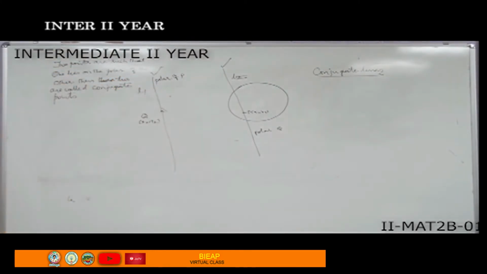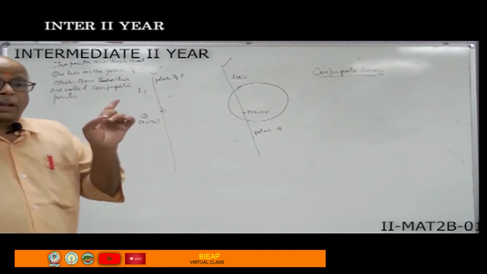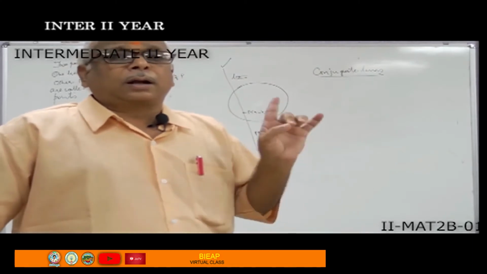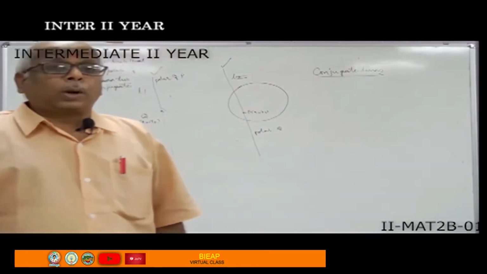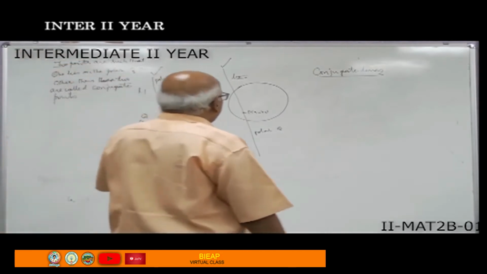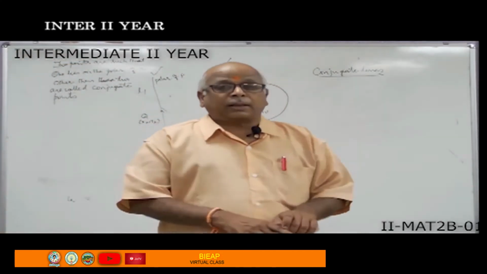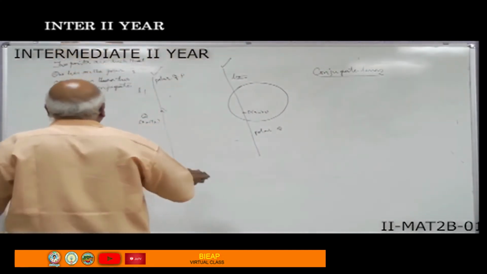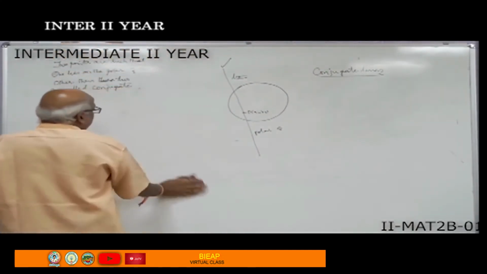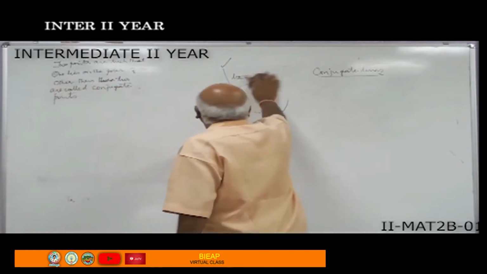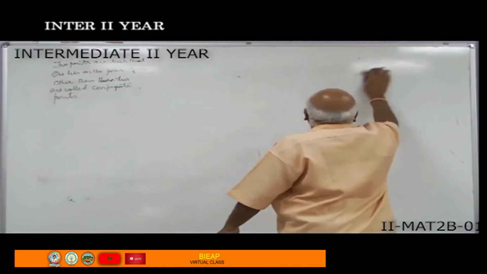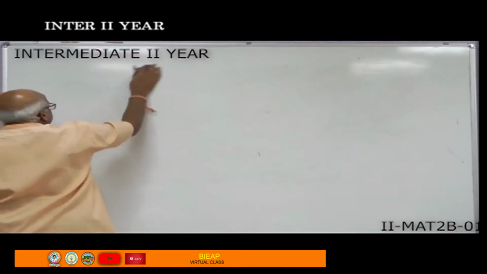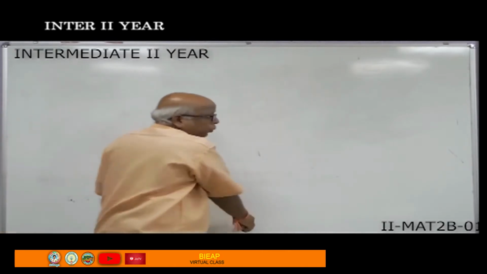Now let us derive the condition for 2 points to become conjugate and at the same time 2 lines to become conjugate. What is the condition? Let us derive those 2.